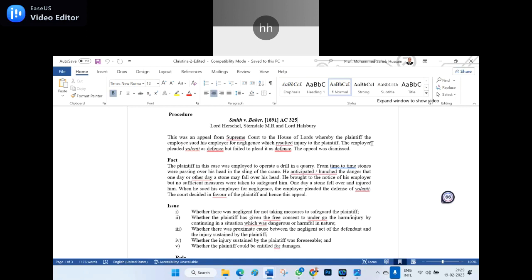So this was an appeal from the Supreme Court to the House of Lords, whereby the plaintiff, the employee, sued his employer for negligence which resulted in injury to the plaintiff. It is no doubt that it came to the House of Lords, but it is reported in the Appeal Court's Journal. The Appeal Court's Journal is like the All England Reports and the King's Bench and the Queen's Bench.